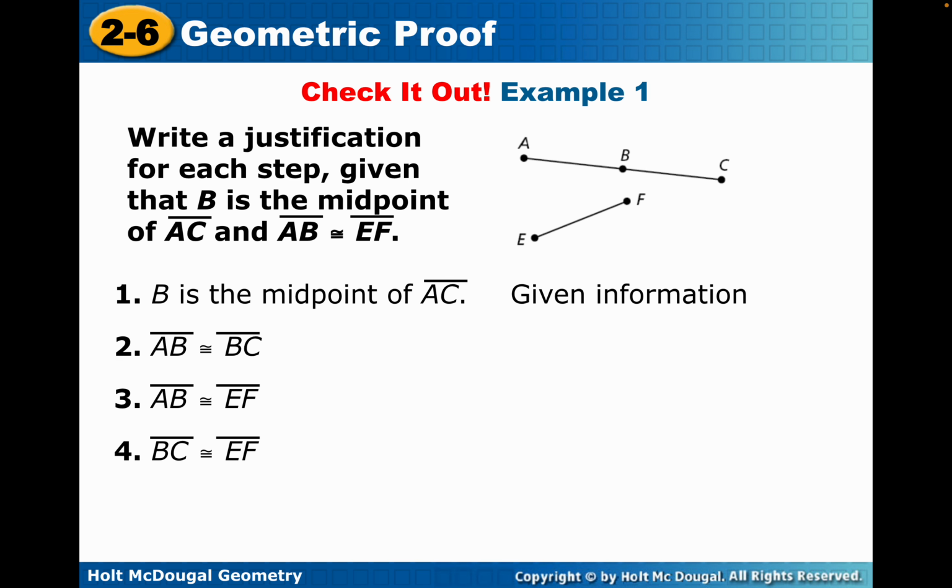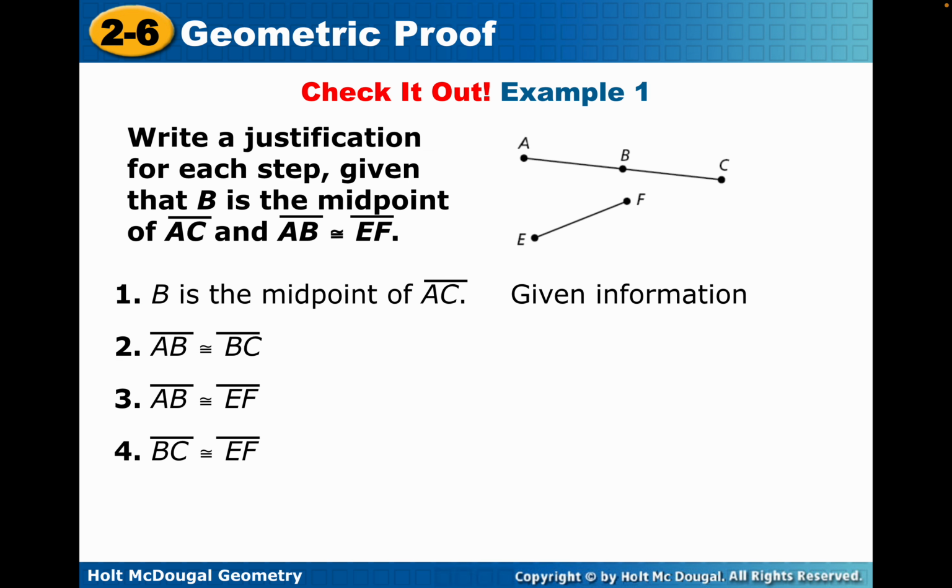Now, my next step says AB is congruent to BC. How do I know that? How can I figure that out? Yes, B is the midpoint, so it's right in the middle, which tells us this segment is going to be congruent to this segment.